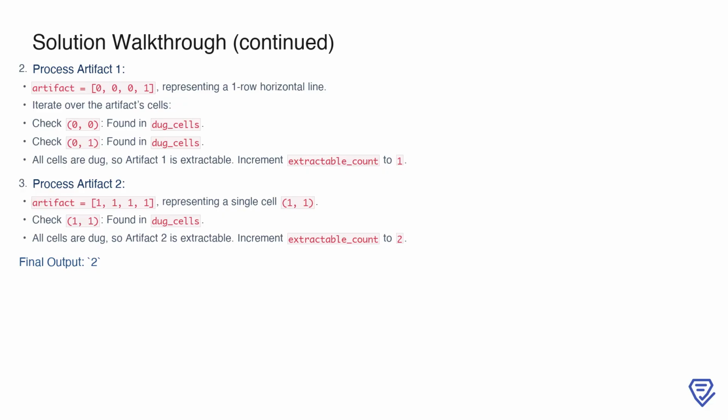Now, for artifact 2, which is just a single cell located at 101, we check if this cell is in the set of dug cells. It is, meaning all cells for artifact 2 are dug as well. This makes artifact 2 extractable, so we increment the extractable count again, bringing it to 2. Thus, the final output for this example is 2, as both artifacts can be fully extracted.